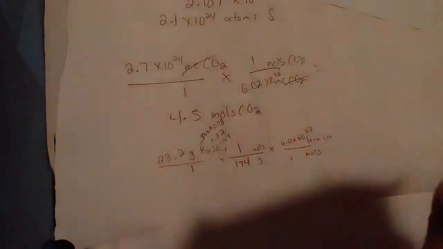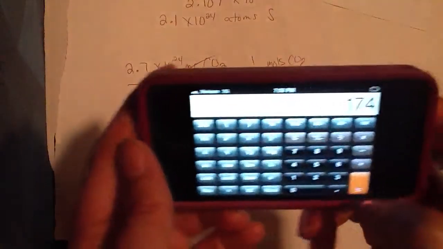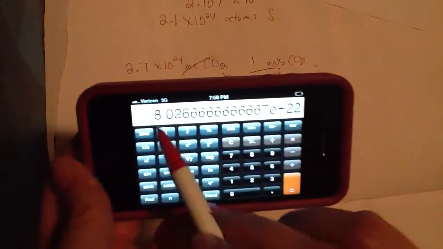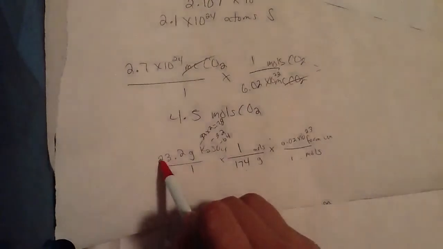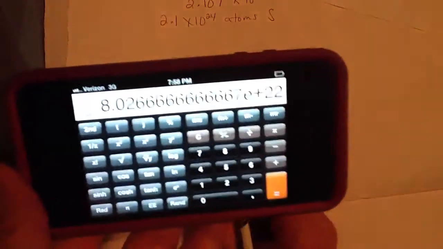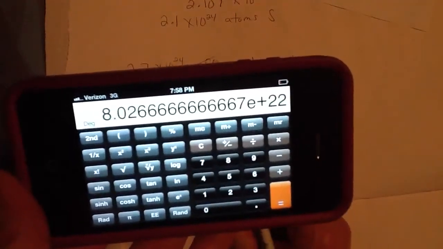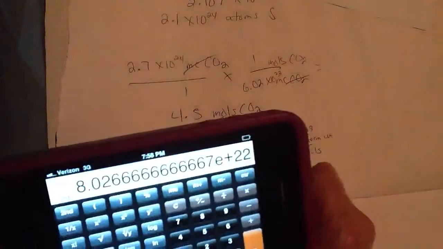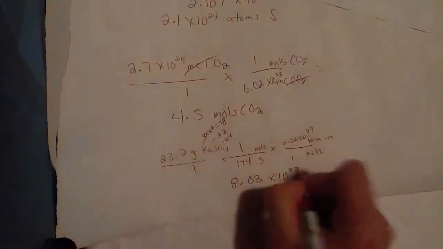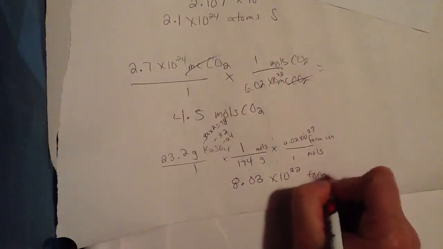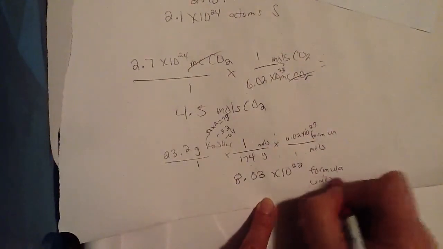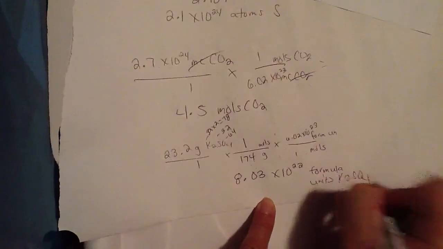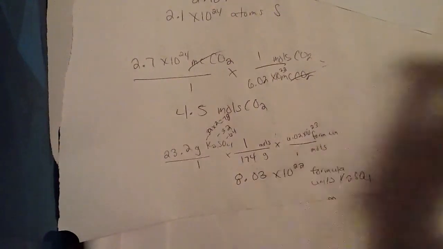We now divide that by our 174 grams. That gives me 8.02, 6 is repeating, times 10 to the 22nd. I look, I've got 3 sig figs, so I'm going to go 8.03 times 10 to the 22nd, and this is formula units, you can see that, of K2SO4. So that is our answer for number 19.